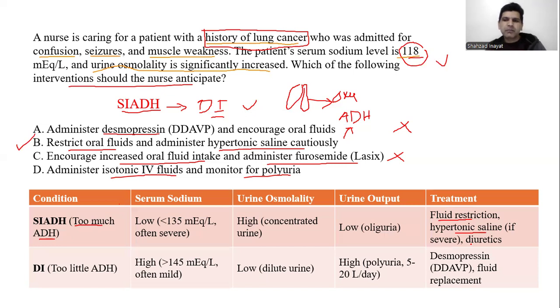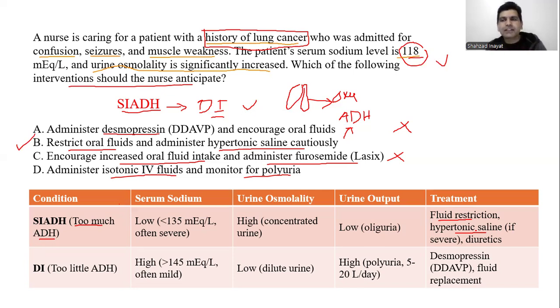Here we need to remember, if we are correcting hyponatremia with hypertonic saline, like 3%, we need to correct it slowly. We need to infuse hypertonic saline slowly rather than abruptly correcting the hyponatremia.